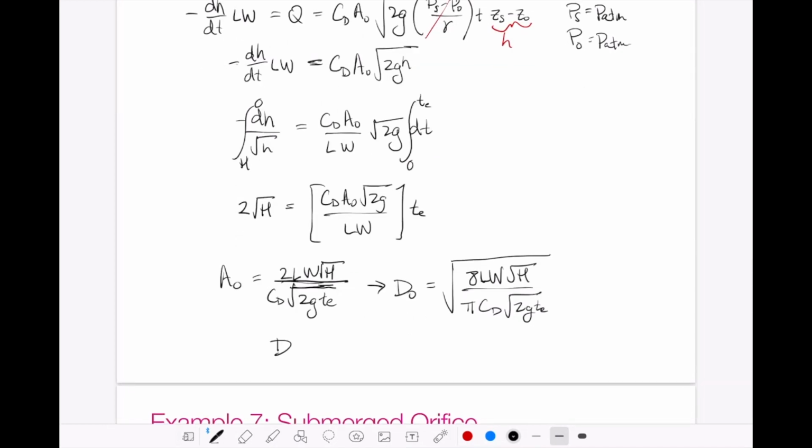And then finally, our diameter would be equal to 0.144 meters or 144 millimeters.